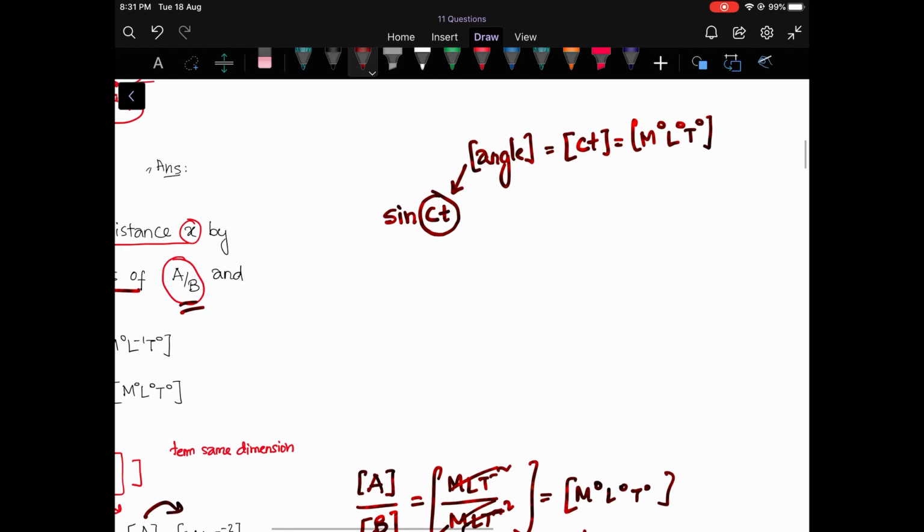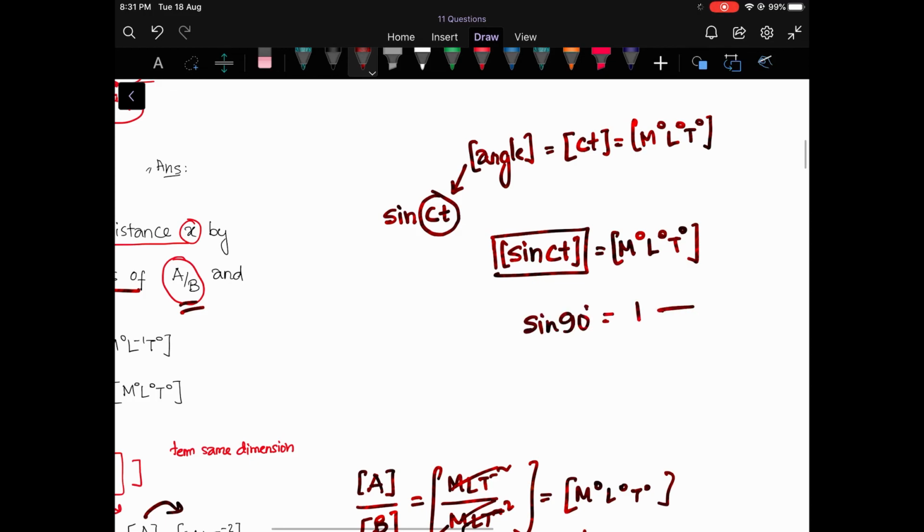One more thing we have learned is that if I have sine of ct, this whole thing also cannot have any dimensions. Therefore dimension of ct is also M0 L0 T0. Because you may have seen, if I write sine 90, I get 1, which is a pure number, a ratio, and does not have any units and does not have any dimensions.